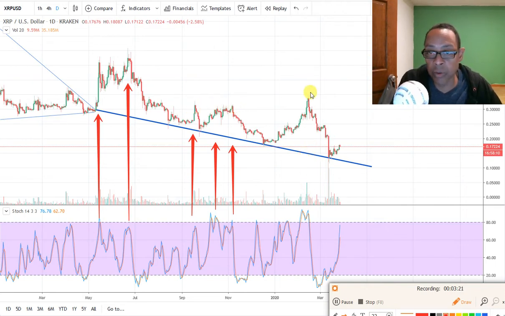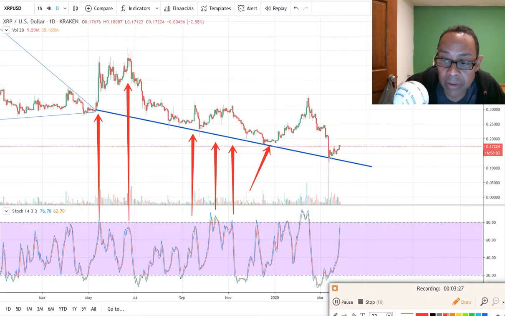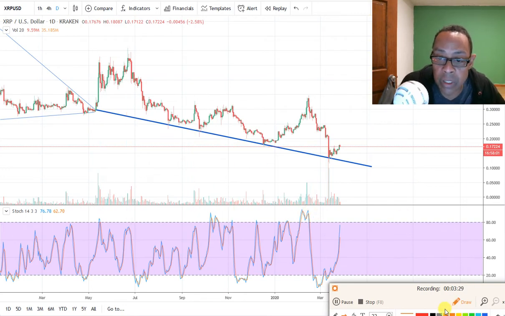Now this one is what fooled us all right here. So we returned back to the baseline here. However, when the stochastic peaked, we had this nice little green bar. There's our peak. And then we took the big fall on the stochastic, and then we had the big price dump here.